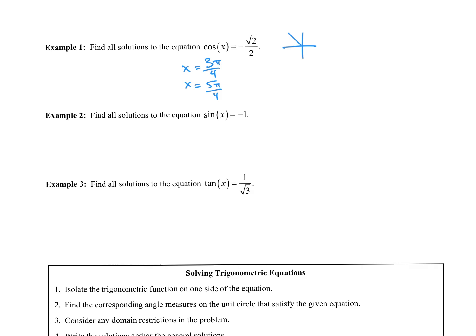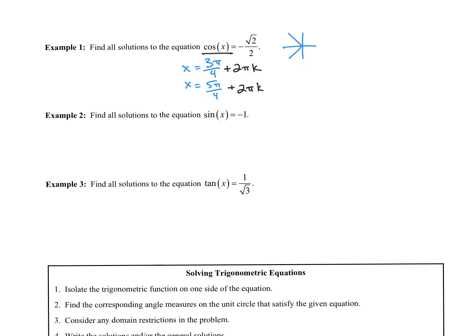It does. Not on one of my unit circles, however, we always have to be worried about the period. So what's my period of cosine? 2 pi. So we're going to add 2 pi k to these. And so I'd have 3 pi over 4 plus 2 pi k and 5 pi over 4 plus 2 pi k.